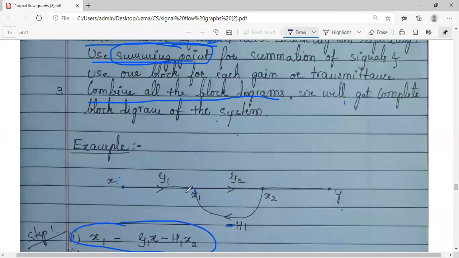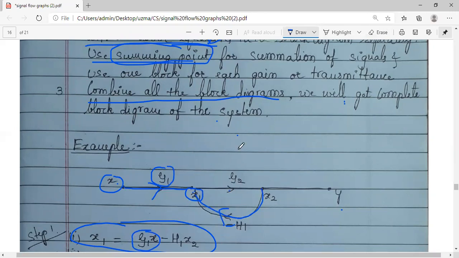For the equation for x1, how many incoming signals are there? You have one signal coming from x, and one more coming from x2. So 2 incoming signals are there. So take x into G1. This is one signal, x into G1, plus, ideally it should be a linear superposition.